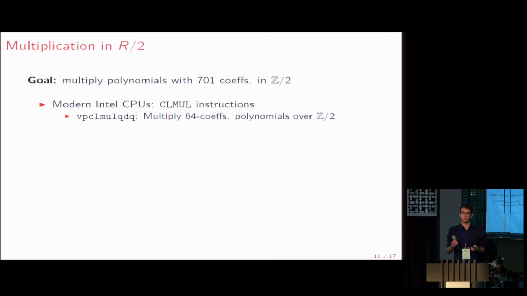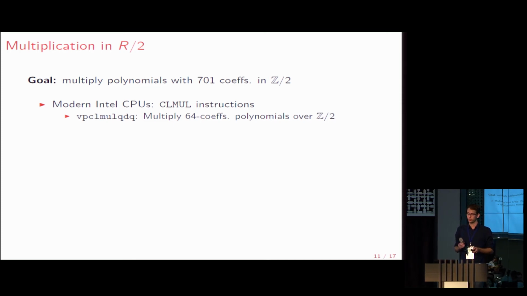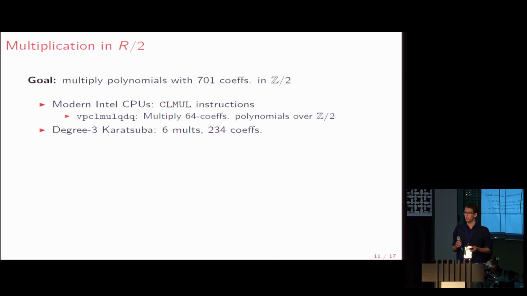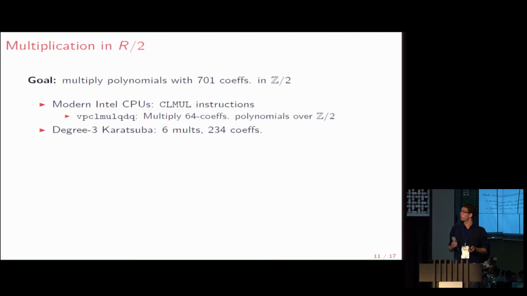Well, we don't really have them yet. We have 701, but we can do a similar trick as we did before to reduce these polynomials to a nice dimension where we have 64 coefficients. We apply some Karatsuba, in this case degree 3 Karatsuba, because it's a bit of trial and error to find a nice way to reduce these polynomials without introducing a lot of costs doing interpolation and evaluation steps. In this case, the three-way Karatsuba works nicely.